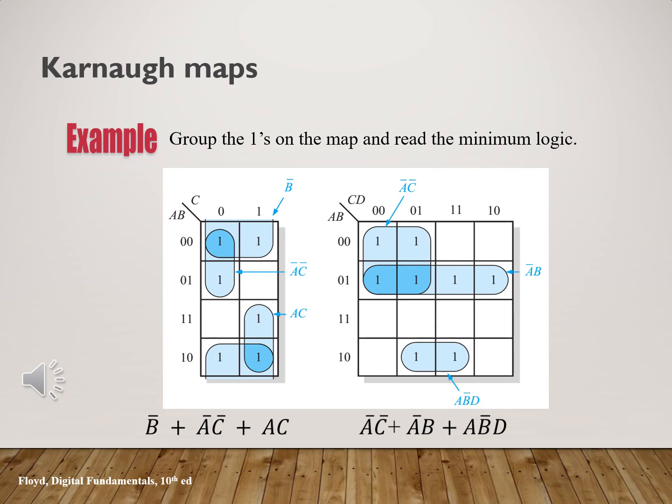So hence B changes, D changes. So we have to eliminate B and D, and your result will be A bar C bar because A and C hold the value 0 0.